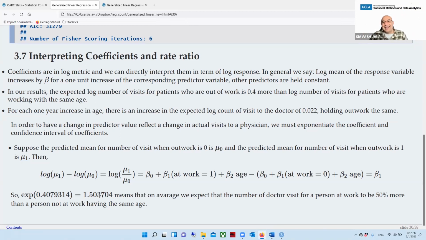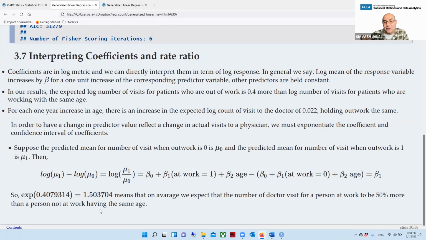Then I can say also this: their incident rate ratio, or on average, the rate of doctor visits for somebody at work compared to somebody not at work increases by a factor of 1.5037, keeping the age constant, right?